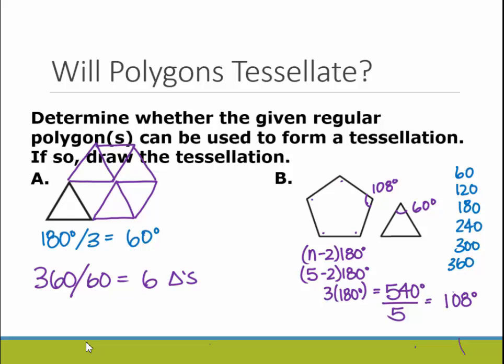There is no way that I could add one of these or two of these or anything to any of these things here in order to add up to 360. There's no combination because our multiples of this are going to be 108, 216, and then after that it's 324. So there's no combination of triangles and pentagons that I can use that add up to 360. So these will not tessellate.